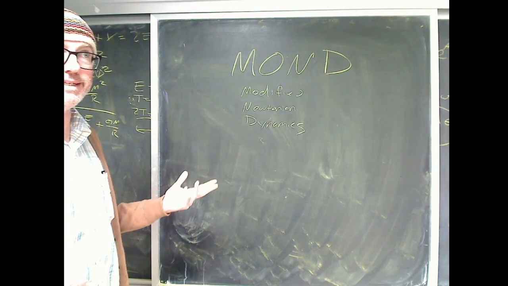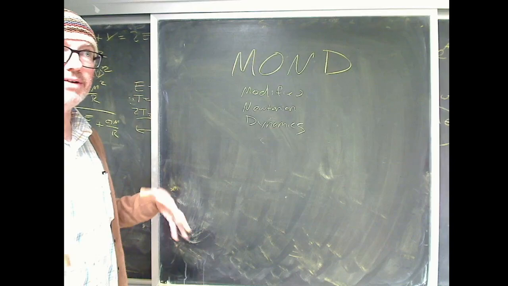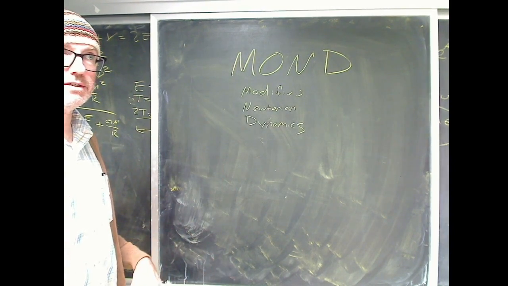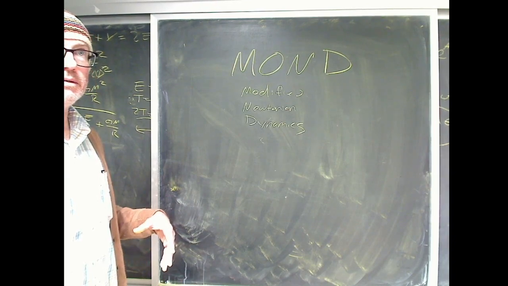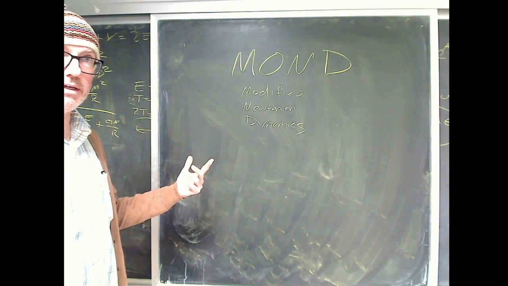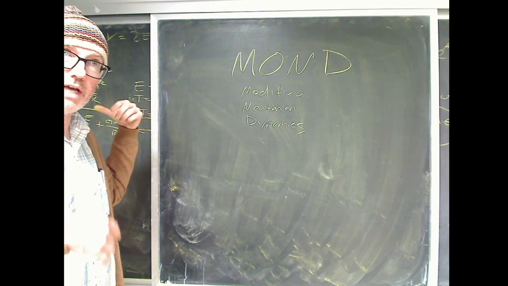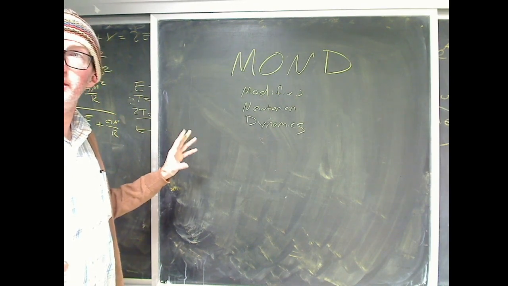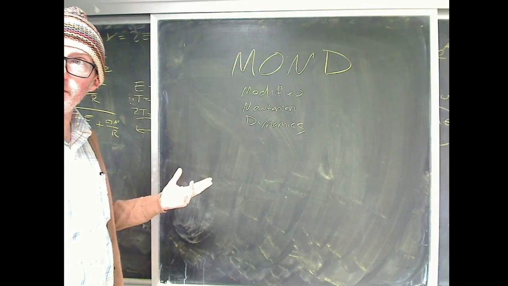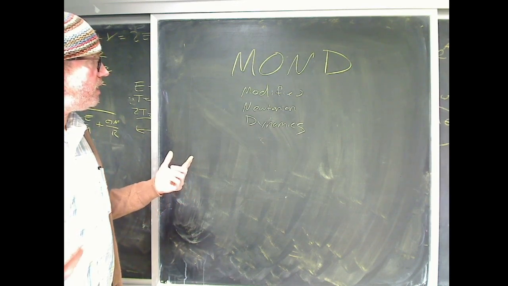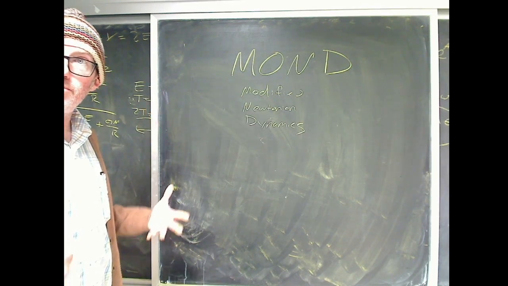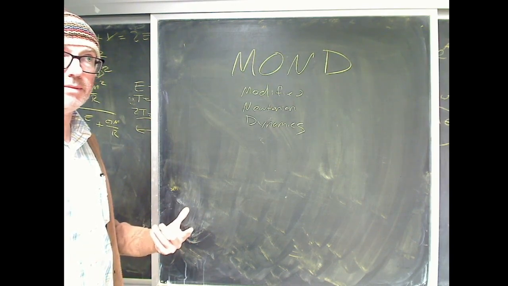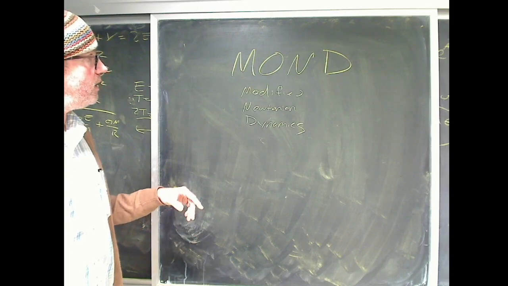What it says is that when the accelerations get really low, the force law changes. Why would you assume that? Because we want to get the rotation curves of galaxies correct. The entire purpose of MOND is to get the rotation curves of galaxies correct. And it does a great job because it was designed to do that. So of course it fits. It's got enough free parameters that it can fit whatever it wants.